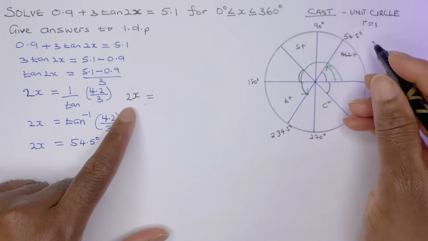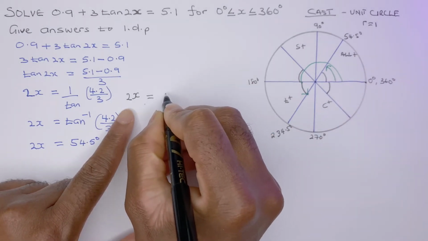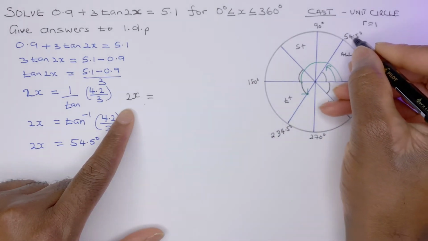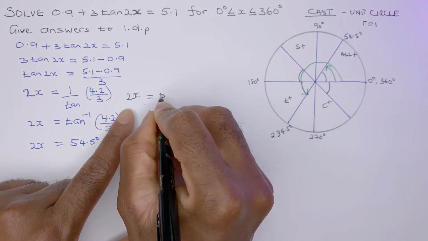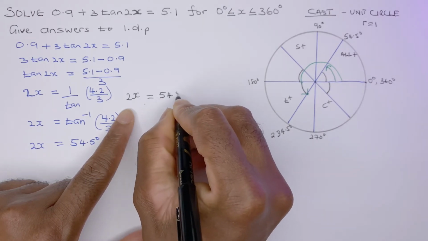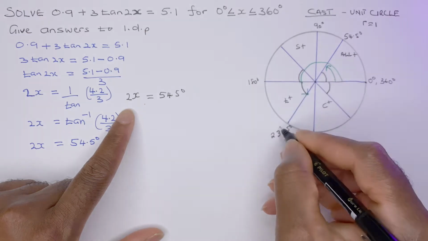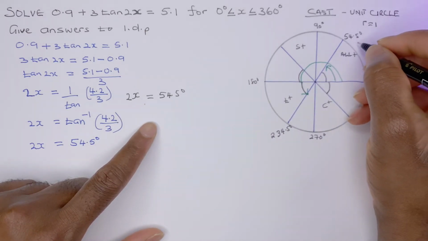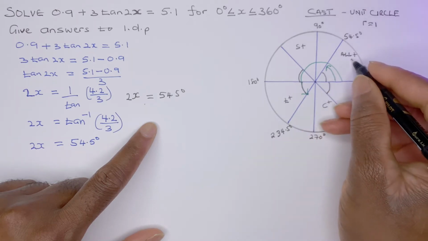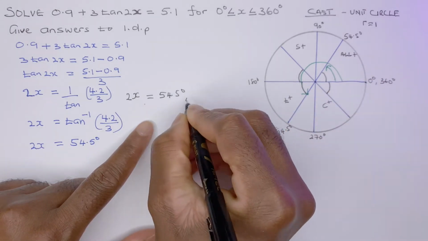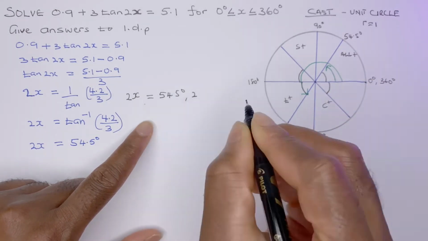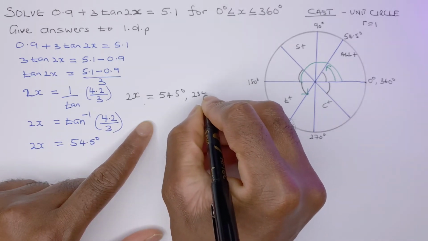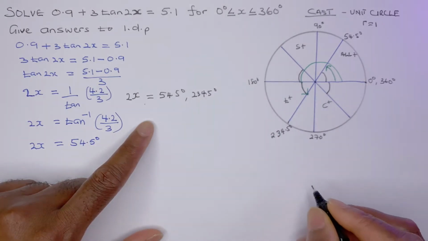So for the first part of the 2x, the answers we get are 54.5 degrees, and then 234.5 degrees, because there are 2 places where tan is positive.